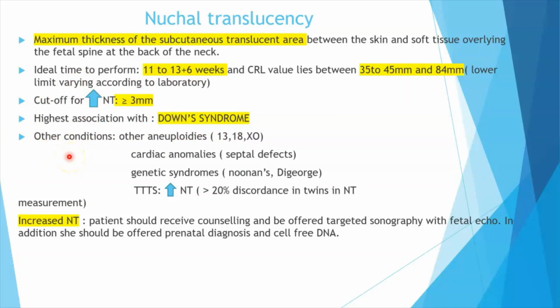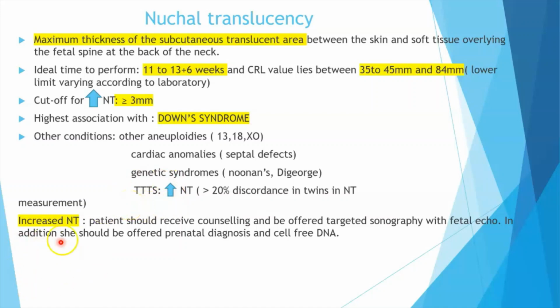Other conditions associated with increased nuchal translucency are other aneuploidies like 13, 18, and XO, cardiac anomalies, mostly septal defects, and other genetic syndromes like Noonan's and DiGeorge's. Increased NT, that is more than 20% discordance in twins in nuchal translucency, is also prevalent in twin-twin transfusion syndrome, that is TTTS.